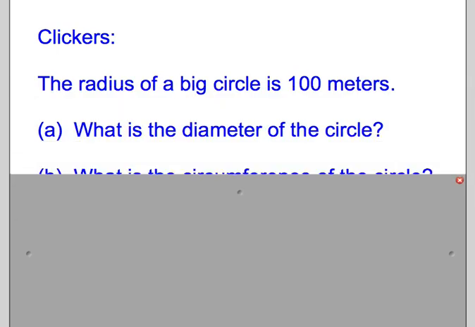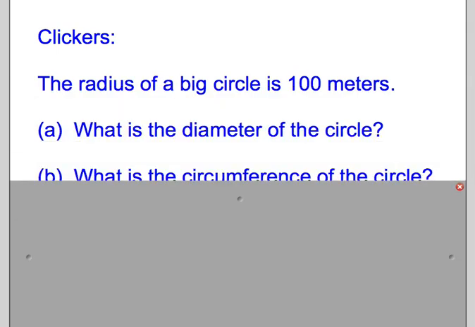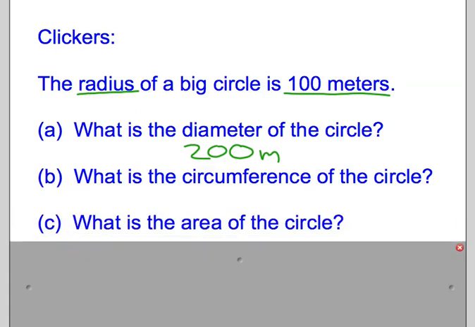I'll just do these. The radius of a big circle is 100 meters. So the diameter, if the radius is 100, the diameter then is going to be 200. Okay. What would the circumference be? Circumference, pi d. That's 3.14 times the diameter, which we just found, is 200.